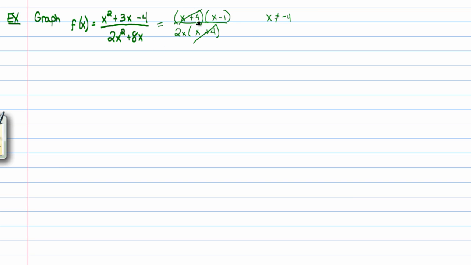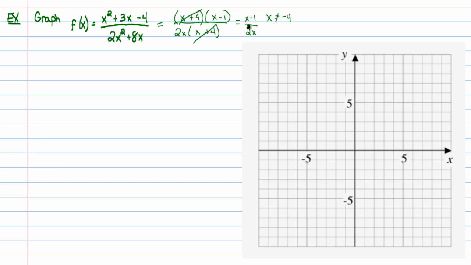So nobody would know that, by the way, if I had just handed them x minus 1 over 2x here. If I just hand them that function, they'll think, oh, x could be anything I want. So that's why you have to let them know x can't be a negative 4. It doesn't create a vertical asymptote. It creates a hole in the graph. So let's go ahead and start graphing this.